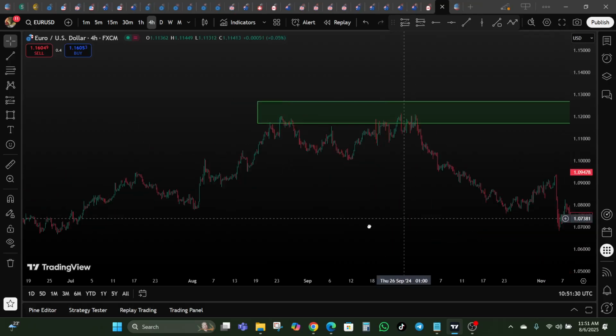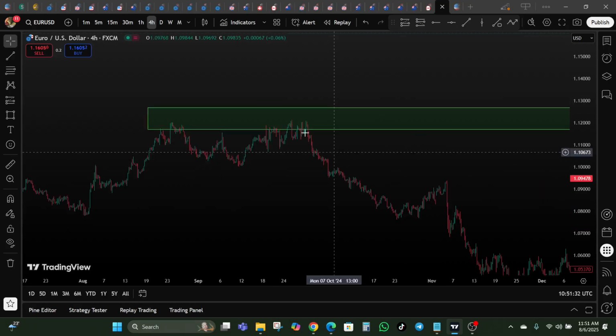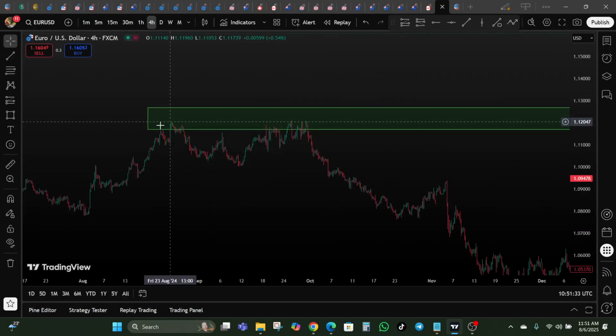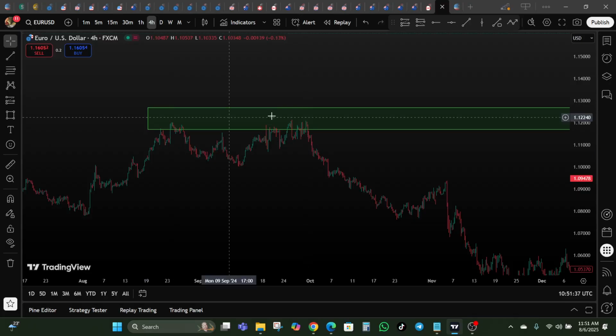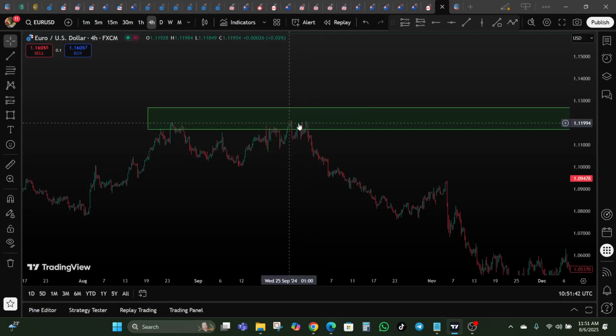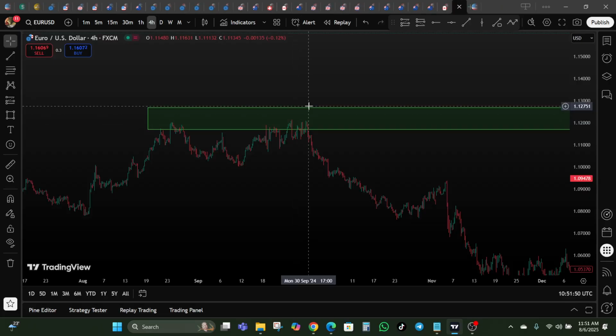Buy side liquidity is usually found above swing highs. This is a swing high. So they are around zones where sellers usually set their stop losses. If a seller enters a trade around here, he will likely set his stop loss above these highs. So that is the zone where we have buy side liquidity.